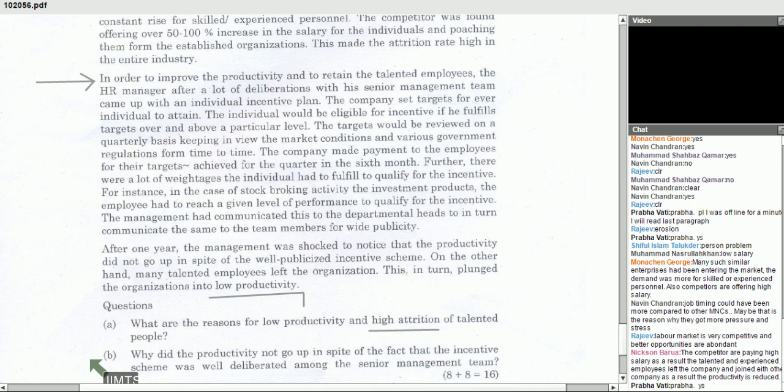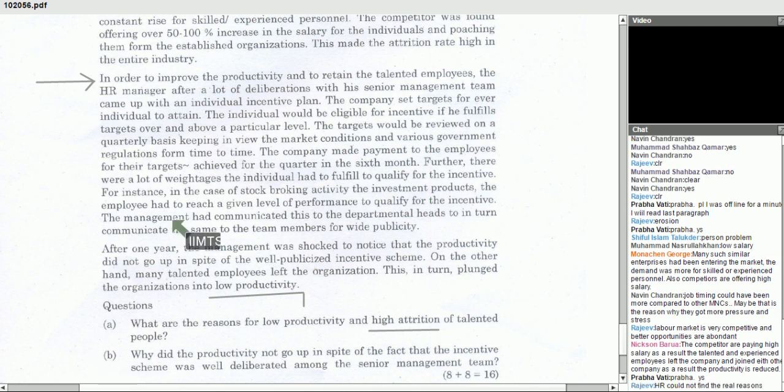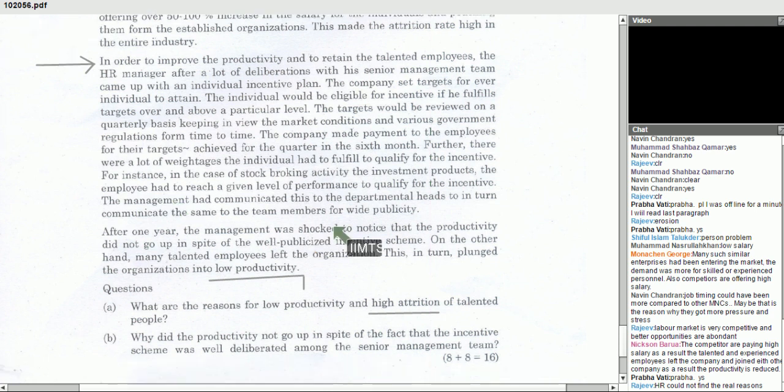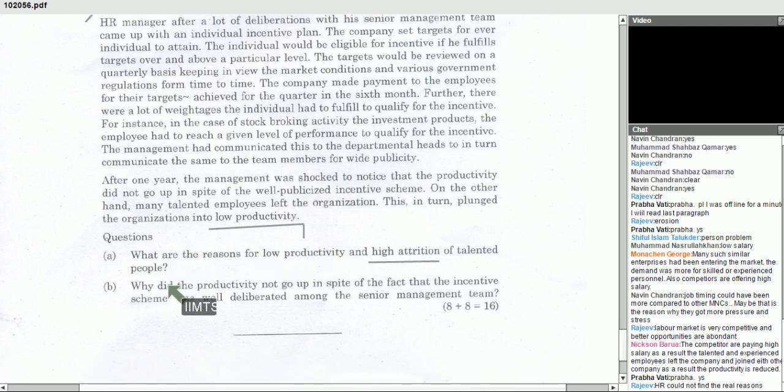Okay. Nixon says the competitors are paying high salary, as a result the talented and experienced employees join the other company, and as a result the productivity is reduced. Very good. Correct, Nixon. HR could not find the real reasons. That's the point. Yes. Very good. Okay. So all of you are correct and made sensible replies. Let's move to the next question.